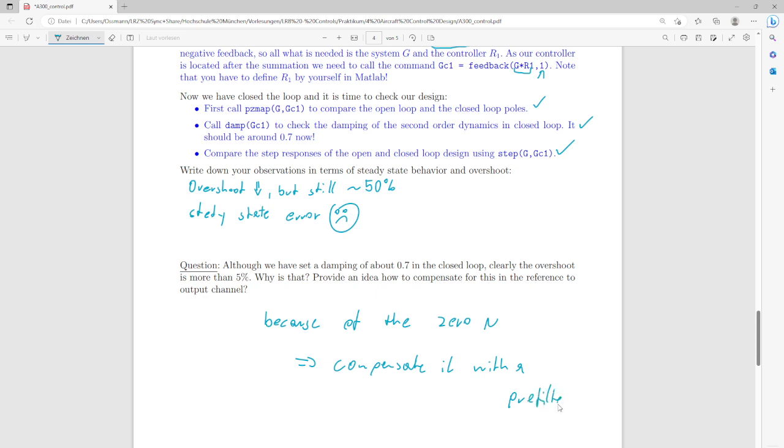So this would be an idea to solve with this, or you would also see when we add an integrator, we're going to add some laggy dynamics, so it's going to make things also better, that this zero does not take that much of an effect here. Okay, so far so good.